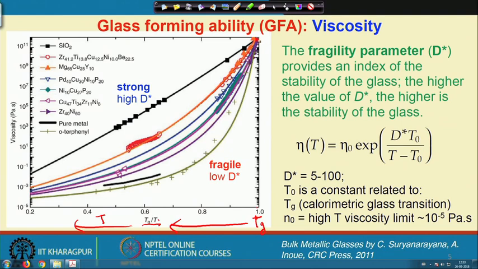Here the glass transition has happened, and above the glass transition we are measuring the viscosity of the supercooled liquid. Then we are plotting the viscosity versus the normalized temperature, and this is, let us say, the viscosity change with temperature of some polymer or some pure metal.